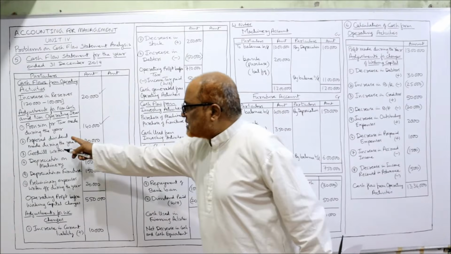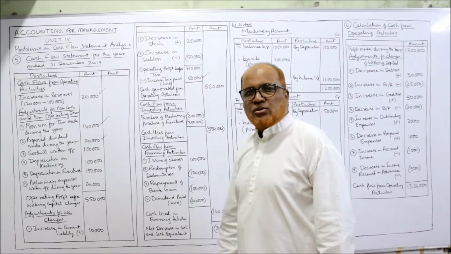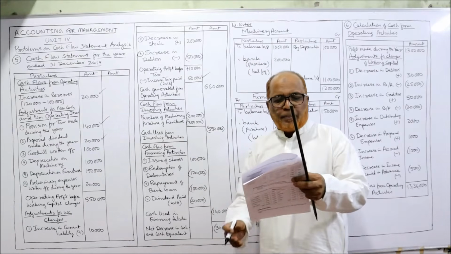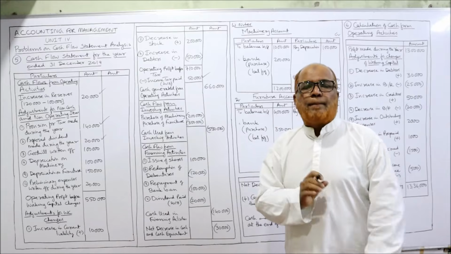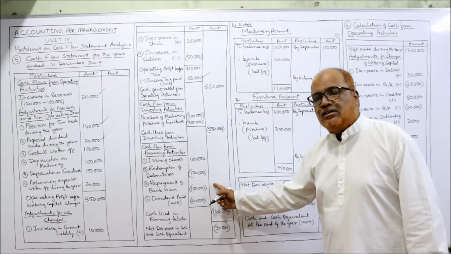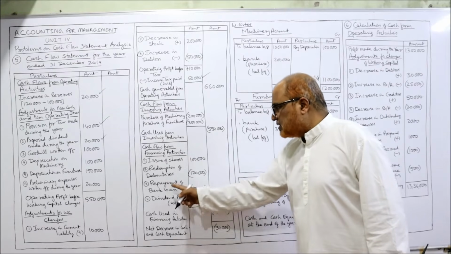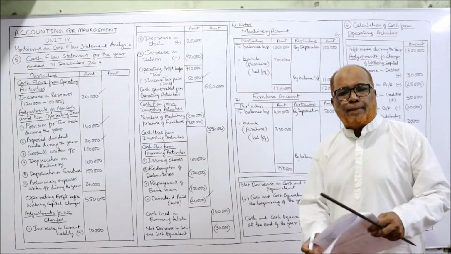So provision for taxation, proposed dividend made during the current year, 20,000. And last year's provision for dividend is the dividend paid, and dividend paid will be taken under financing activity. So here financing activities are there, dividend paid 20,000 I have taken.